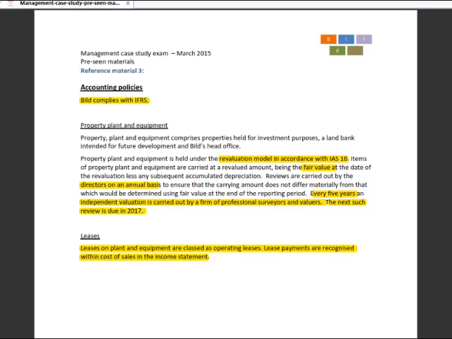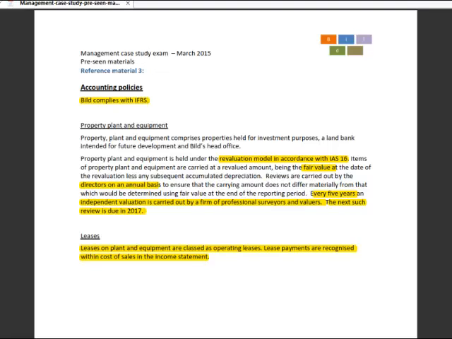And some notes about property, plant and equipment. Property, plant and equipment is held under the revaluation model in accordance with IAS 16. Items of PP&E are carried at the revalued amount, being the fair value at the date of the revaluation. Reviews are carried out by directors on an annual basis.